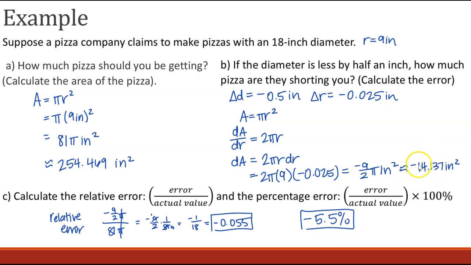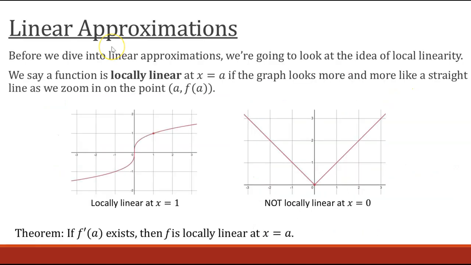Maybe just looking at the numerical value didn't really tell us too much, like, is that a lot? But now you can see they're shorting us a little more than 5% of pizza by being off in the diameter by 1/2 inch. Now let's move on to the second part of the lesson, which is about linear approximations.